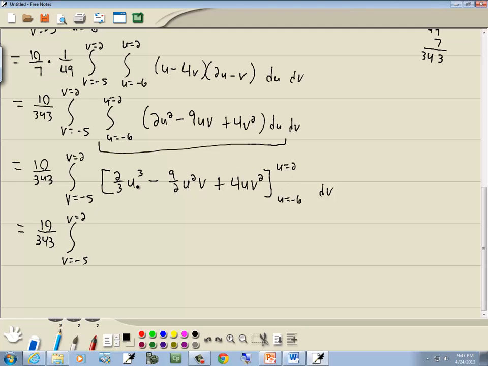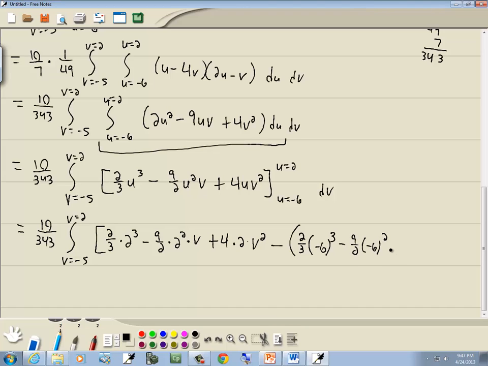Okay, so we'll plug 2 in for U. So we're going to have 2/3 times 2 to the third minus 9/2 times 2 squared times V plus 4 times 2 times V squared, minus, now put parentheses here, and we got 2/3 times negative 6 to the third minus 9/2 negative 6 squared V plus 4 times negative 6 times V squared.